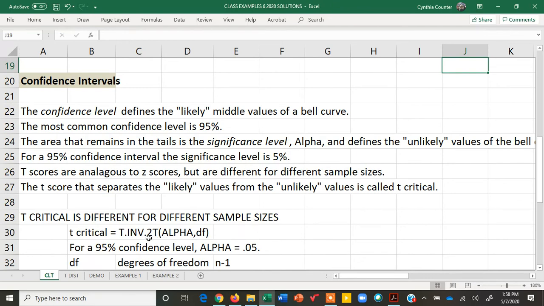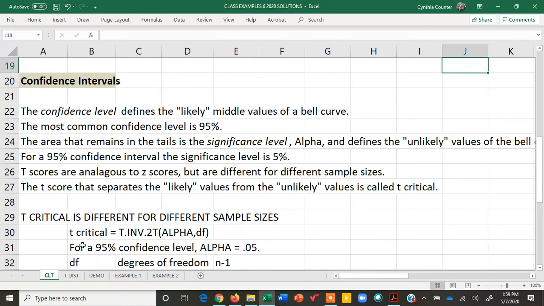It's divided evenly into 2 tails, so that's what this 2T is. And this degrees of freedom is related to the sample size, and that's how we get different T critical scores for different sample sizes. And when we're working with the distribution for sample means, the DF, degrees of freedom, is 1 less than the sample size. All right. So 1 less than the sample size, degrees of freedom, DF.